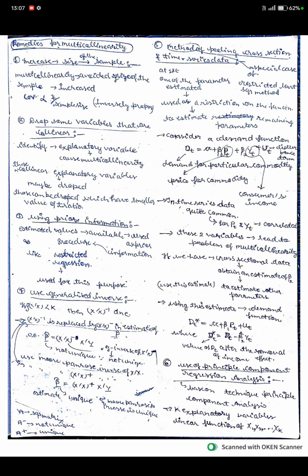Sixth, use of principal component regression analysis. It is based on the technique of principal component analysis, where k explanatory variables are linear functions of x1, x2 and so on xk.